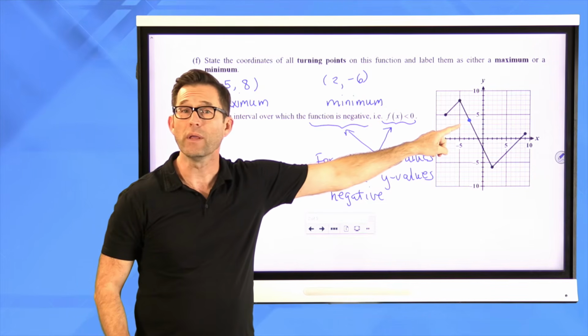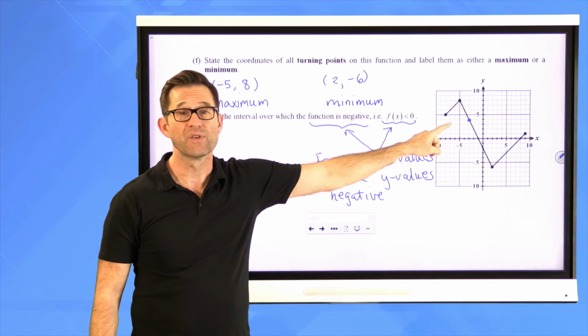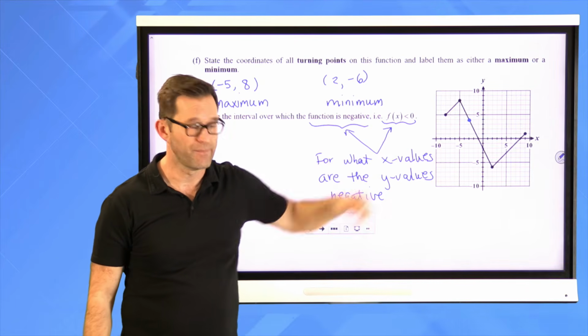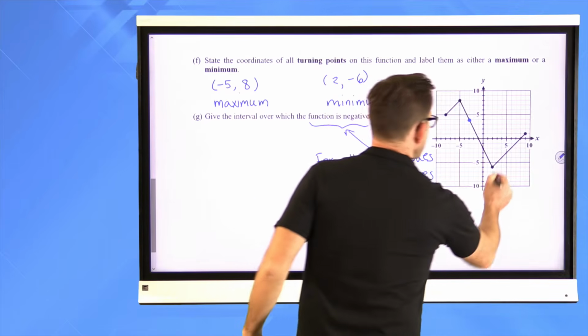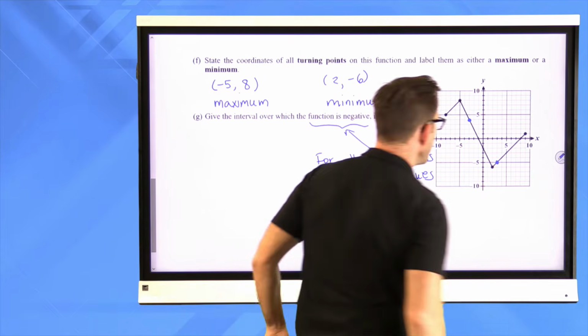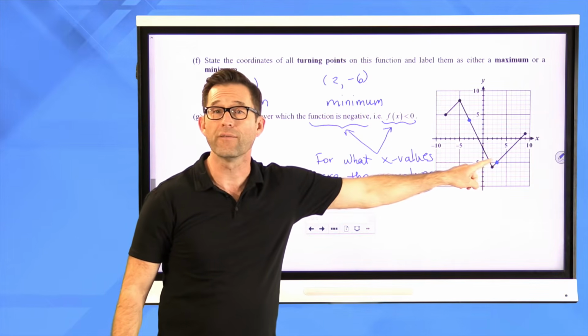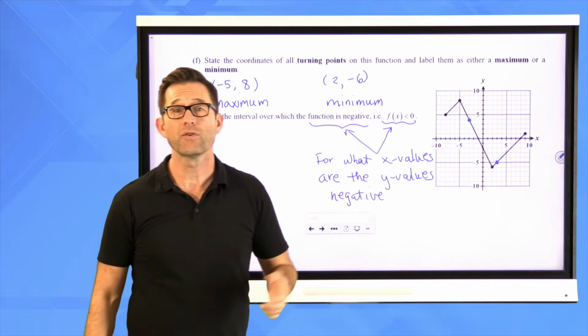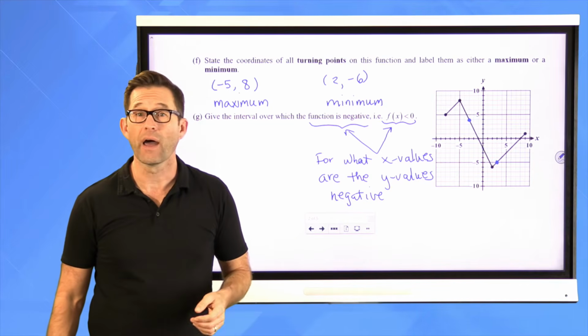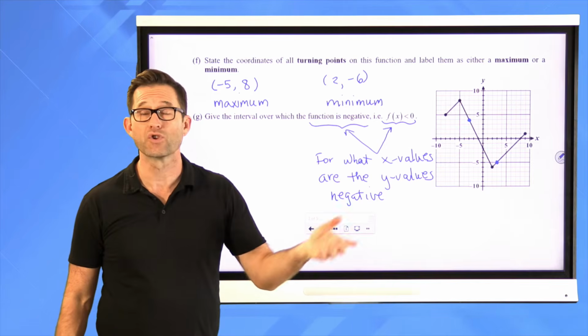So at that point, the output, the function, is +4. So that's not part of the interval, right? On the other hand, let's say I picked this point right here. That's the point (3, -5). Well, there, the function has a value of -5. So that should be part of the interval where the function is negative.